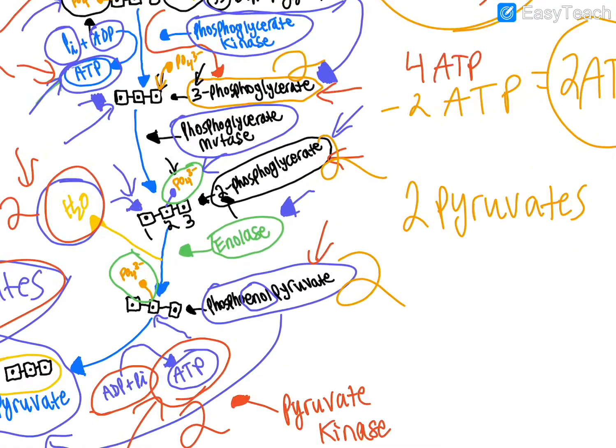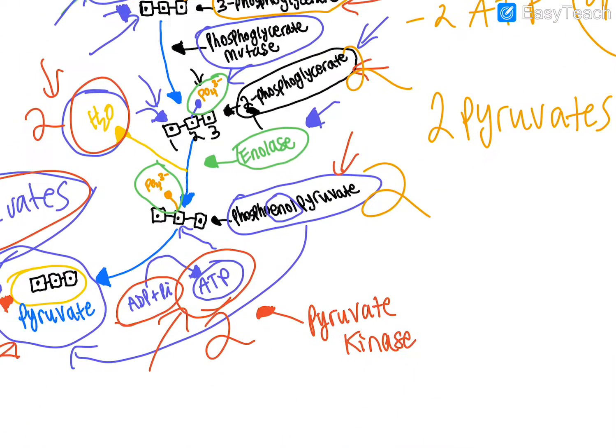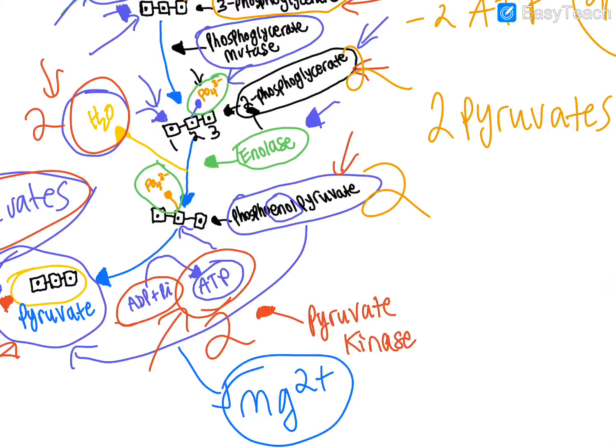Yeah, there you go. When we use pyruvate kinase, we also have the help of magnesium right here. So as you can see, magnesium is used a lot in breaking down sugar and converting it to energy. It's an important mineral that we use.